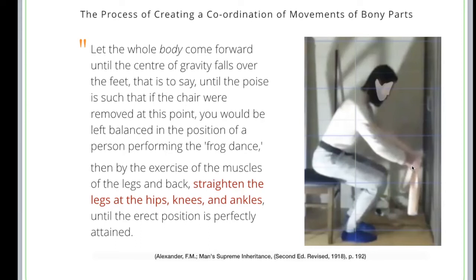This pull forward reminds him that he wants to move the upper torso forward, and he must resist that pull with an antagonistic movement backward with the middle torso and the lower torso.